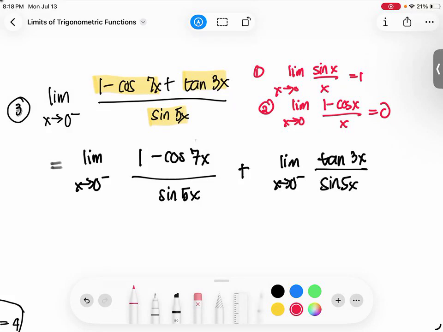So here's the thing. We have already separated this. So let's multiply what we need. For the first piece, let's find the limit.